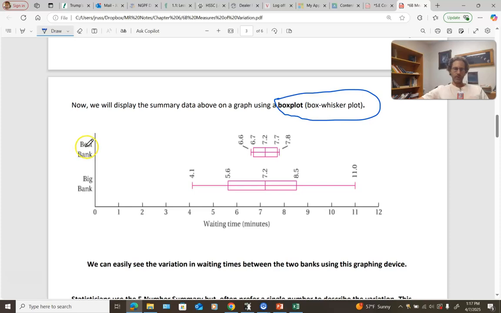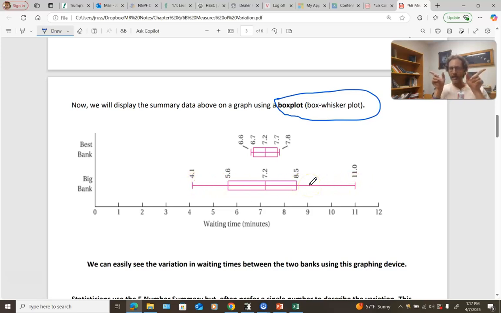Okay, so here's Best Bank. So here's the box and whisker plot that corresponds to the Best Bank data. And then here's Big Bank. So here's the box and whisker plot that corresponds to the Big Bank data. Notice this one. The box is right here, and these two tails, these are called whiskers.